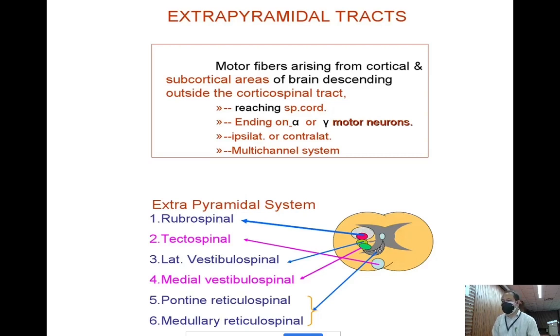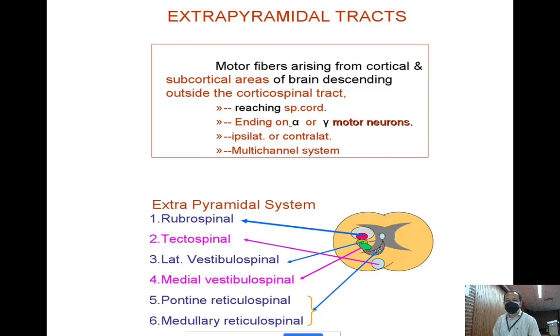Now you'll find the lateral descending tracts. When I say lateral descending tracts, I am including the pyramidal as well as the extrapyramidal, because the motor tracts that descend into the spinal cord are actually divided into two: one is the lateral descending and two is the medial descending.